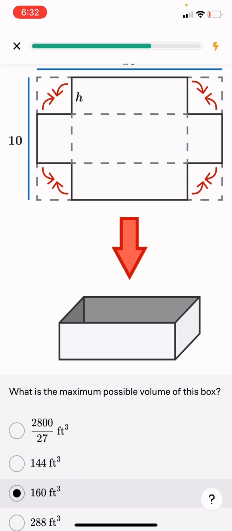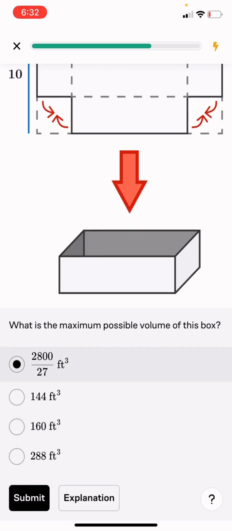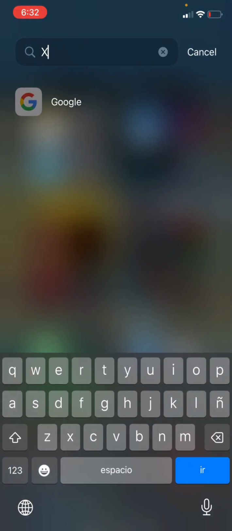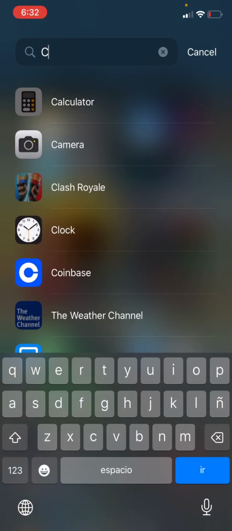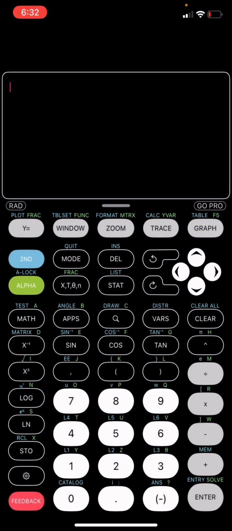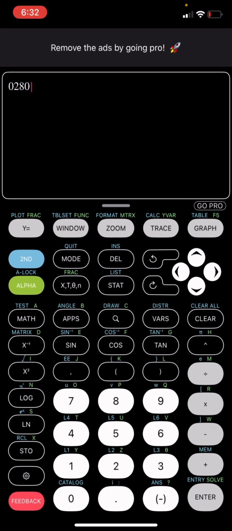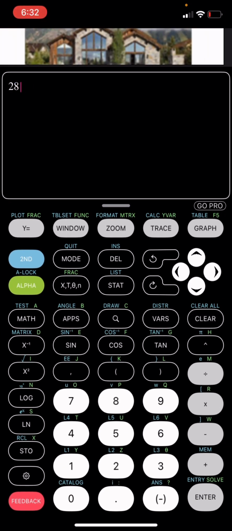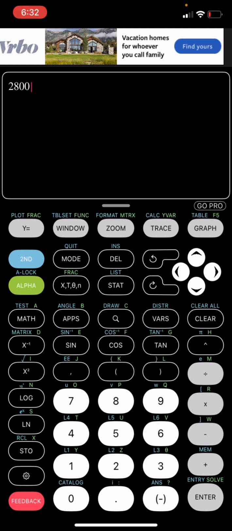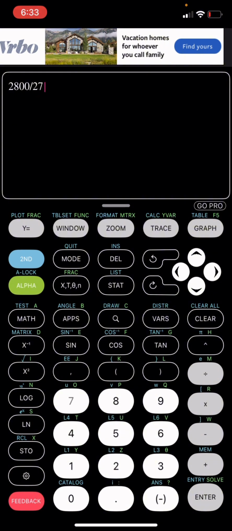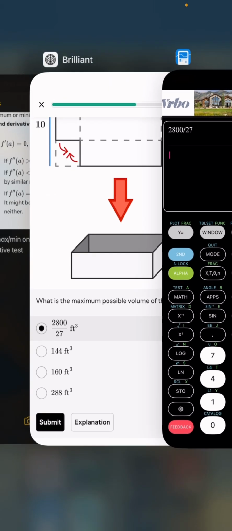So it has to be this divided by 27. If we calculate what that would be, divided by 2700.